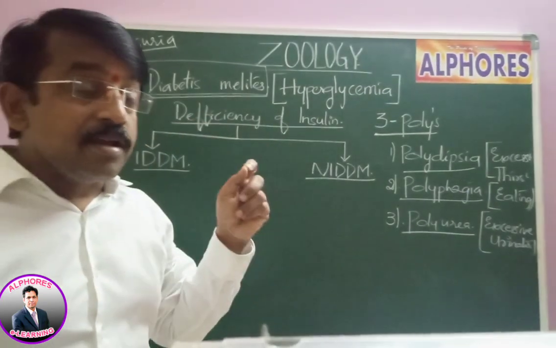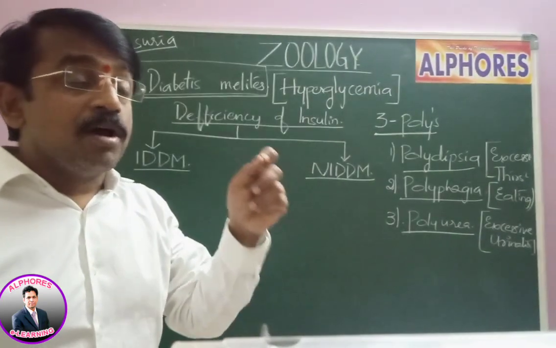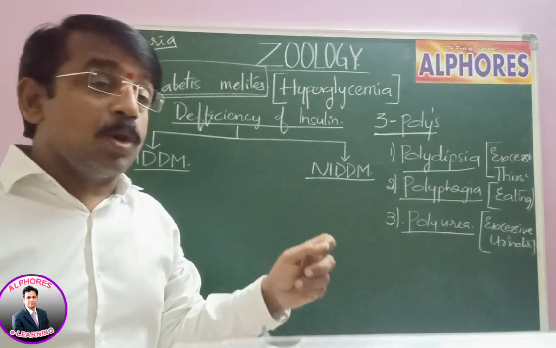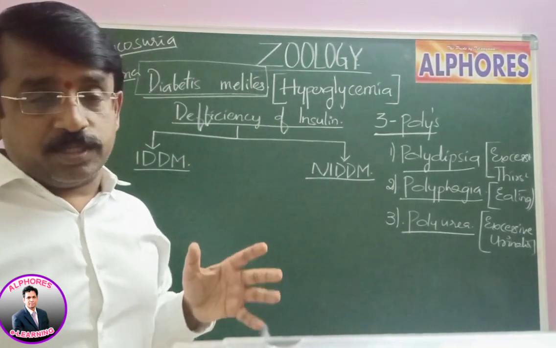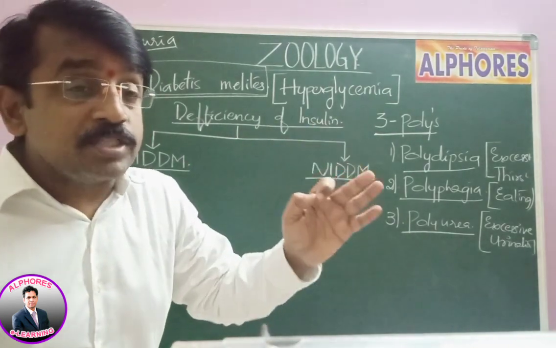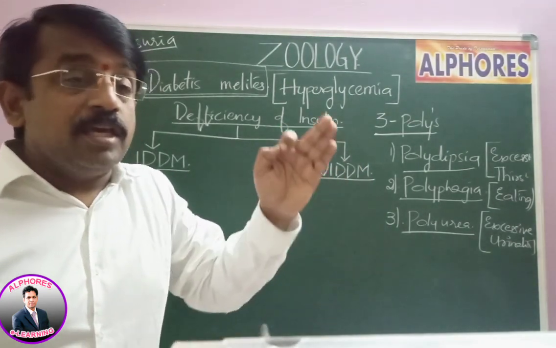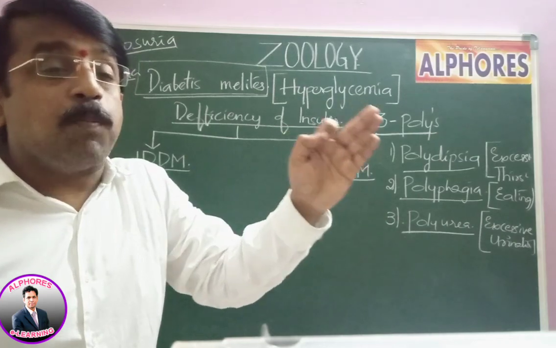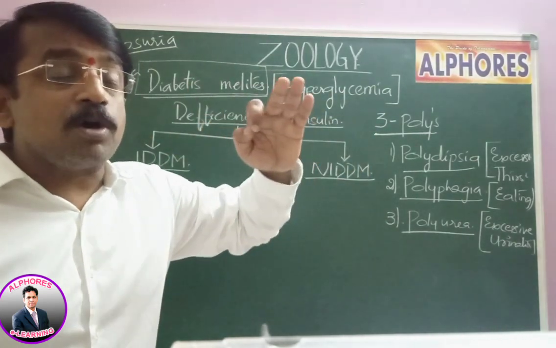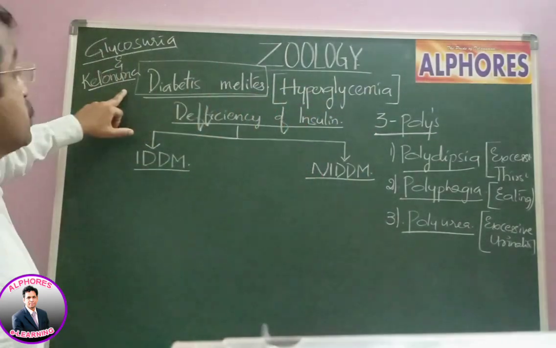Degradation of fat results in cholesterol and ketone bodies. Ketone bodies increase. Ketones are acidic and poisonous, and their levels are increased. That's what ketonuria is.